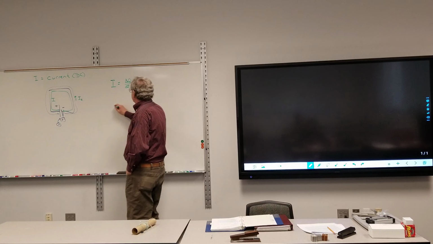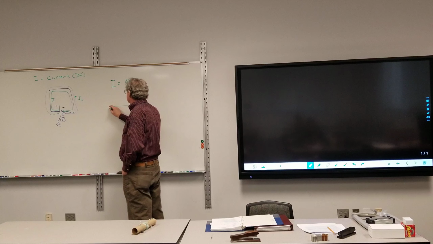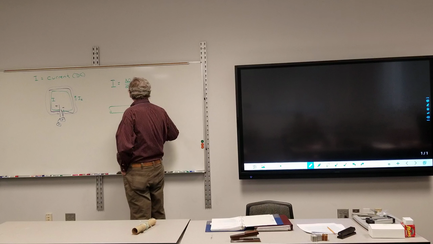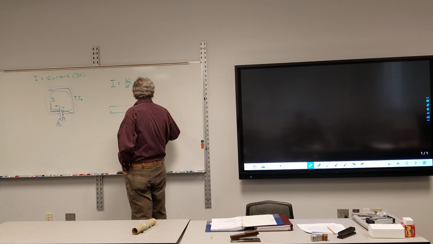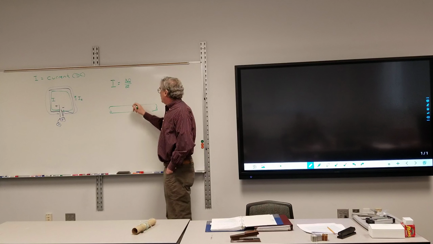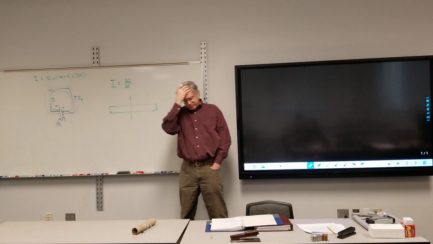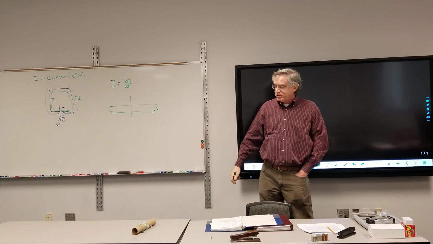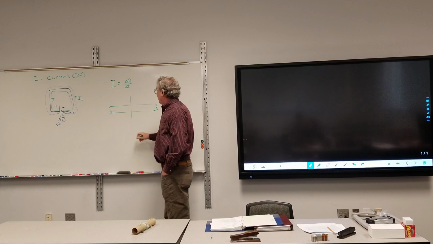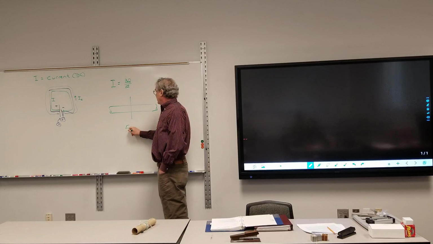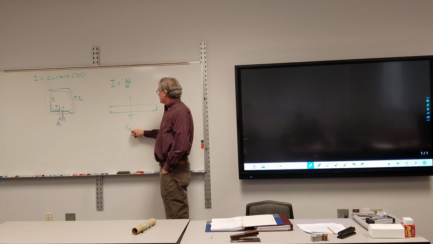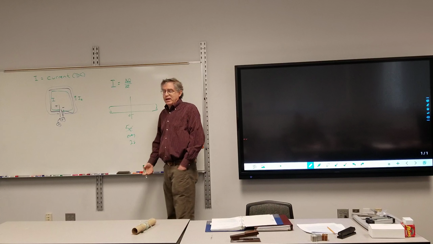So if I have a wire, and I have some sort of, it's not a barrier here, I just have a place in the wire that I'm keeping track, and I count 5 electrons flowing this way, every 2 seconds, I can calculate the current.